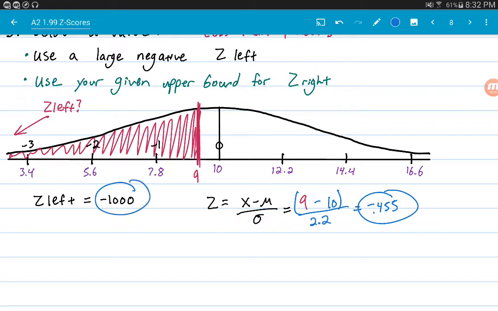So I've got z left and I've got z right. So I'm going to go to the normal CDF between negative 1,000, comma, negative 0.455. And let's see what that gets us.